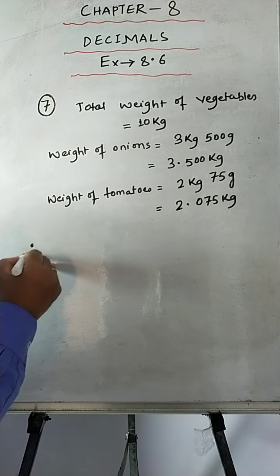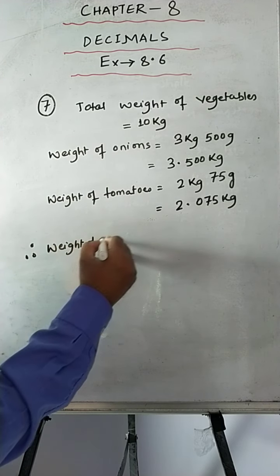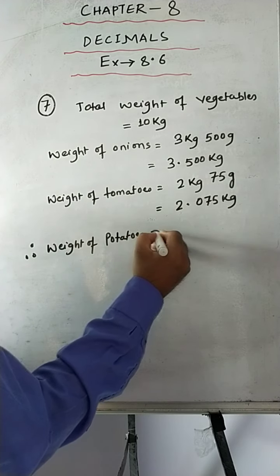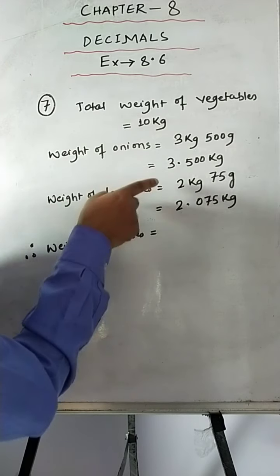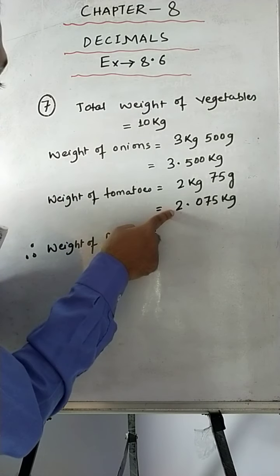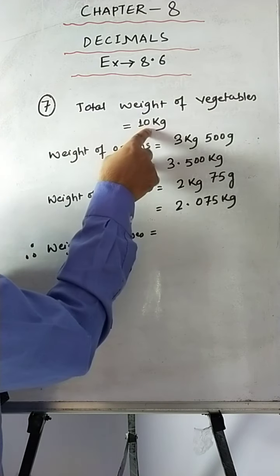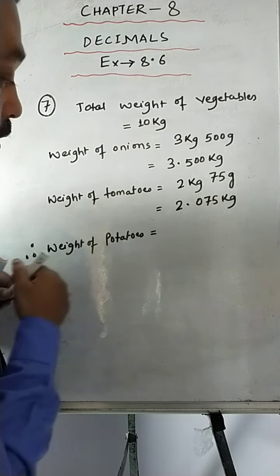So how to find out? So therefore weight of potatoes would be how? That means first of all what we have to do is take the sum of these two, okay, the sum needs to be subtracted from the total weight, then only we can get the weight of the potatoes. Okay, so see what I am writing.